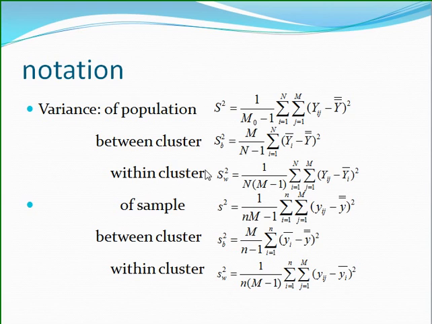And if we consider the cluster as the population, we get Sw square, the variance inside the clusters, which stands for the difference inside these clusters. For the variance, we use capital letters for the population and small letters for the sample.